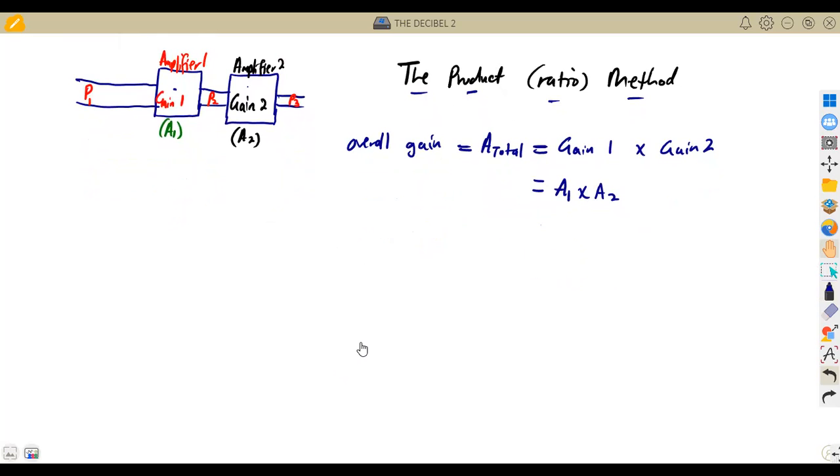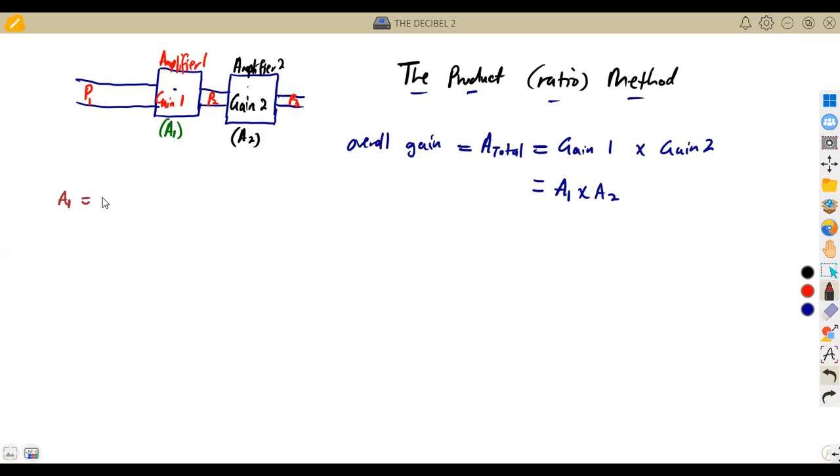So if we are to consider a condition where we are using the power, let's say we want to talk about this power that we have here. Remember what I said in our previous class about the gain: if we are talking about the first gain, we are going to use the output power over input. So it's going to be P2 over P1. That's where we've got the first gain.